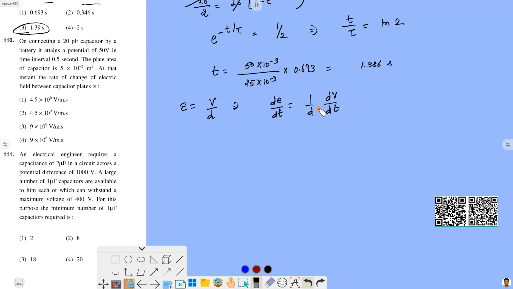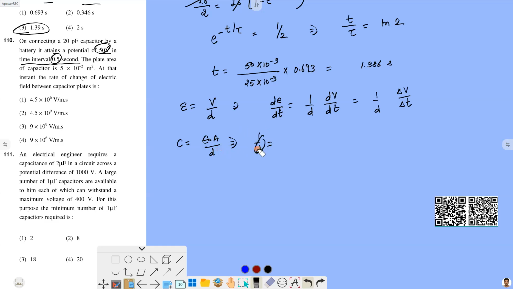Now how to calculate dV by dt? That is given in the question, that the plate attains 50 volt in a time interval of 0.5 seconds. So this is the dV and this is the dt. Means I can write it as 1 by d times delta V by delta t. So delta V and delta t are both given to us. Then we have to calculate 1 by d, and that can be calculated from C equals epsilon naught A by d.